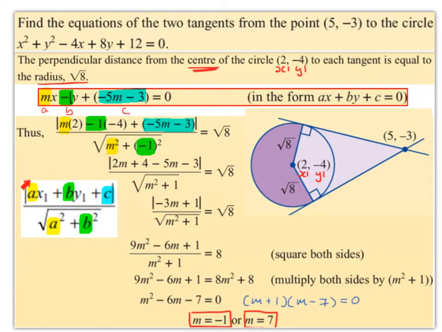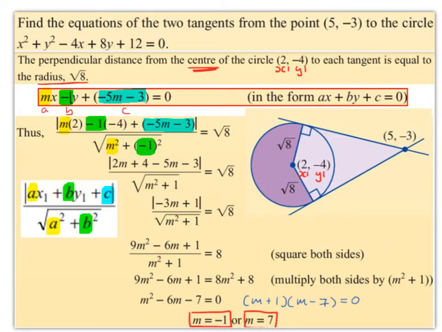So we take our formula for the perpendicular distance, we substitute into it. The a is m, the b is -1, the c is -5m - 3. The x1 is 2 and the y1 is -4. So we substitute into our formula and we let it equal to the square root of 8 because the radius is the square root of 8.